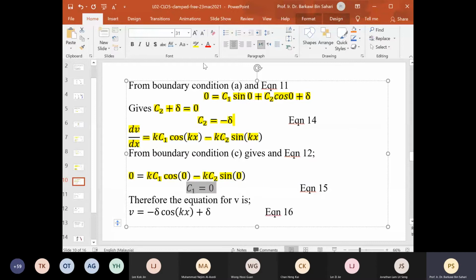Okay, so we have the values now for C1 and C2. We put them back into the equation for V. So the equation for the clamp-free column is V equal to minus delta cos kx plus delta. The second delta is the particular integral.